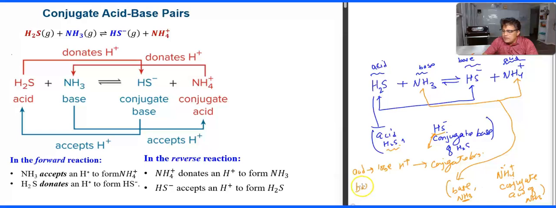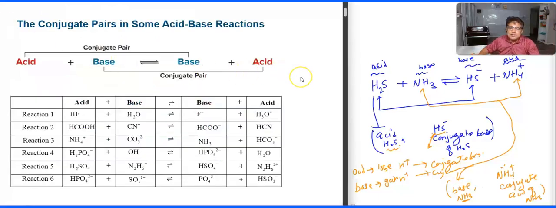And if a base gains H plus, it becomes the conjugate acid. NH3 accepts H plus and becomes NH4 plus, which is the conjugate acid. Remove one H from H2S and you get HS minus, the conjugate base. Now hope you understand what conjugate acid-base pairs are.